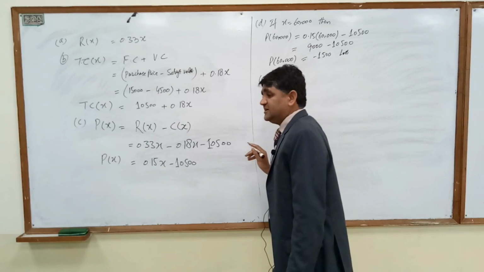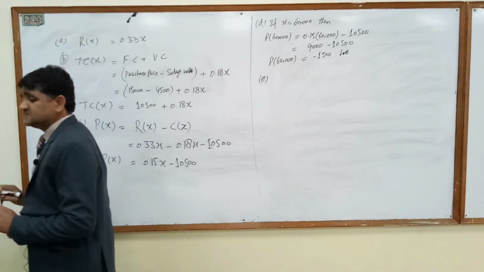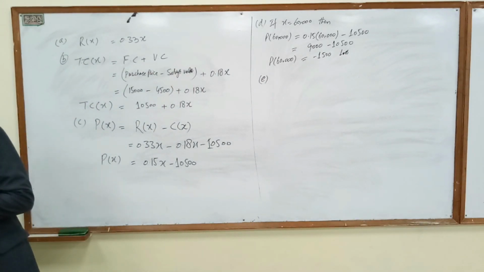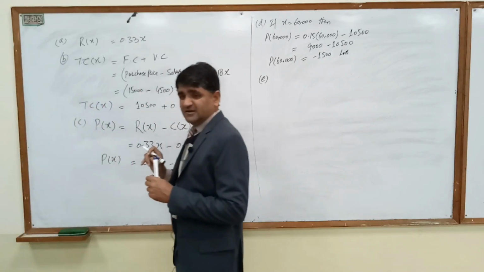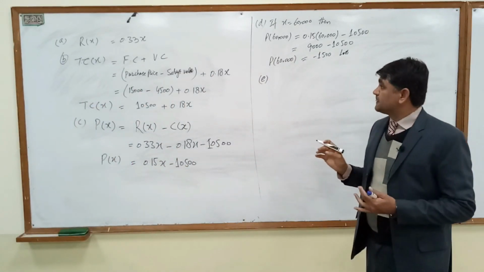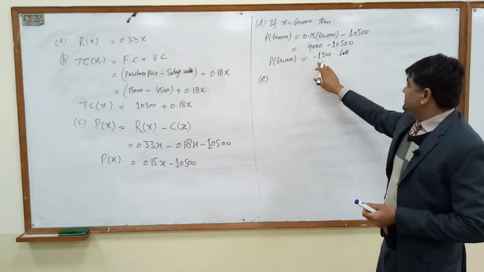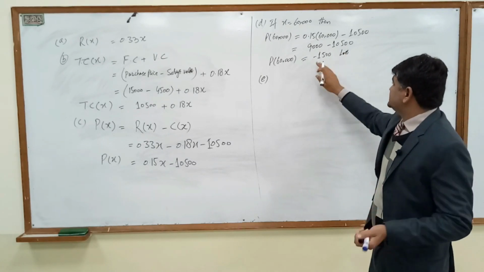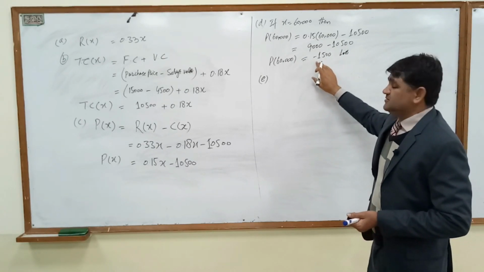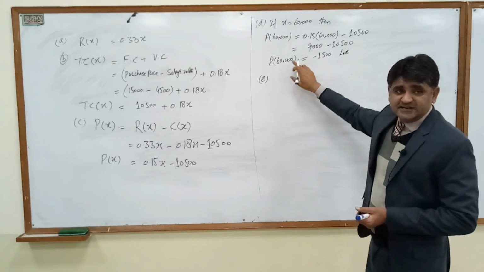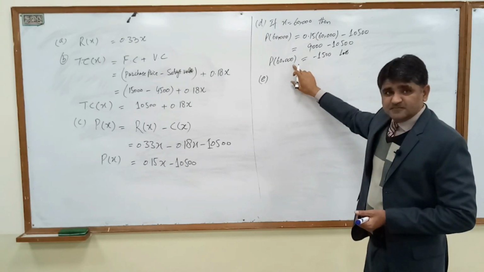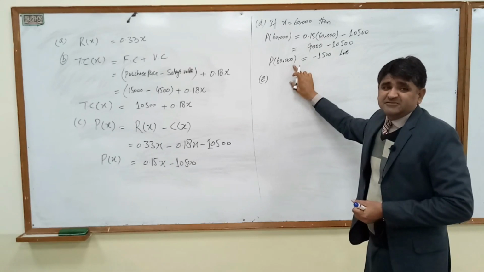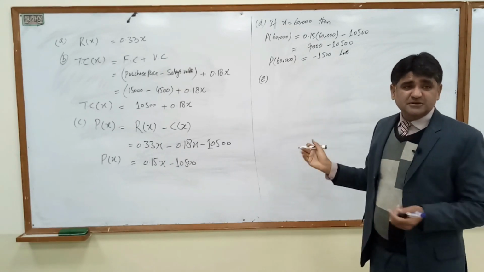Do we have a part E? Yes. What mileage is required in order to earn zero profit for 3 years? Okay, here I need your concentration. The owner is having a loss if they drive 60,000.